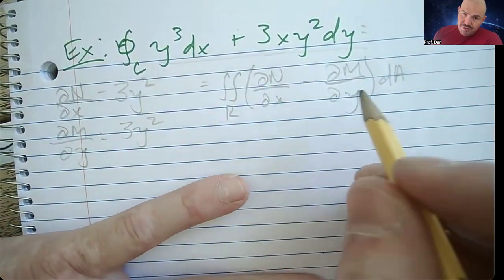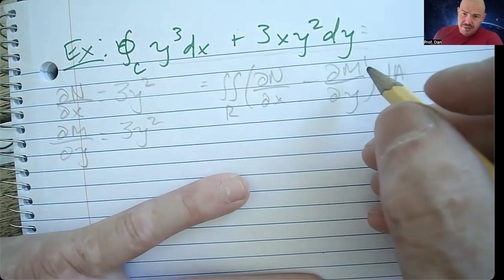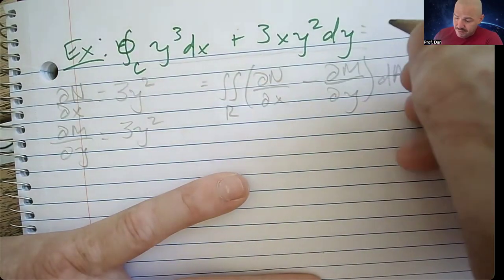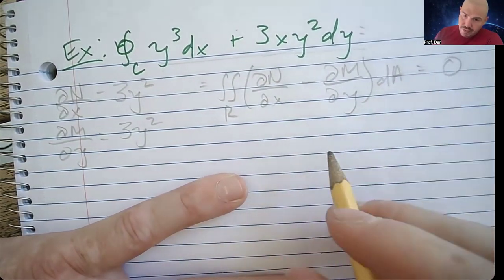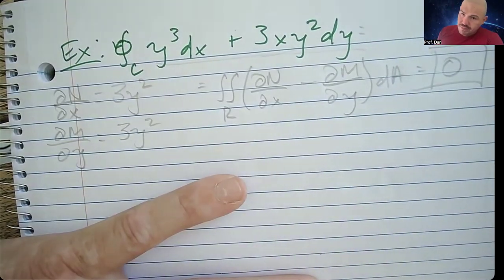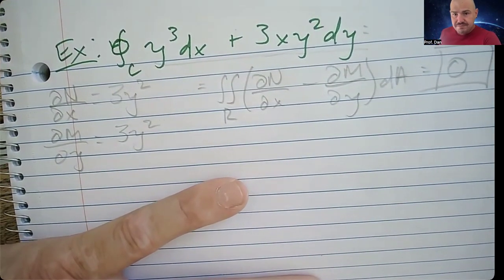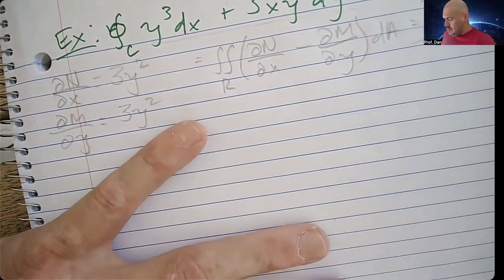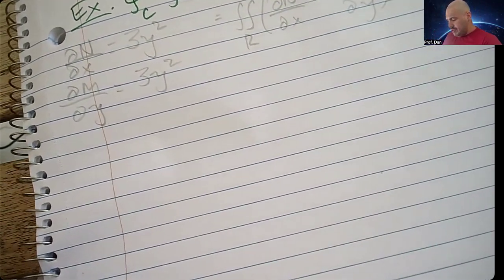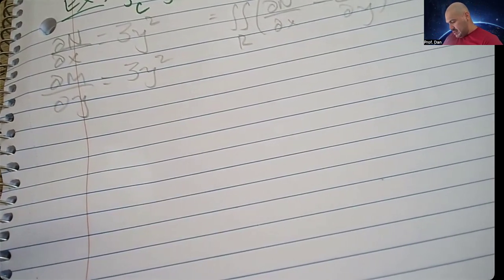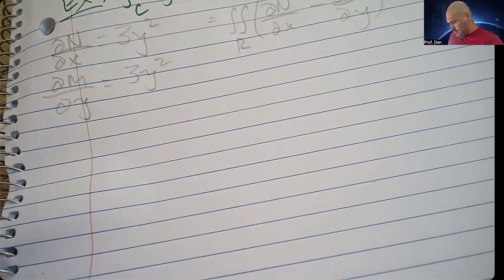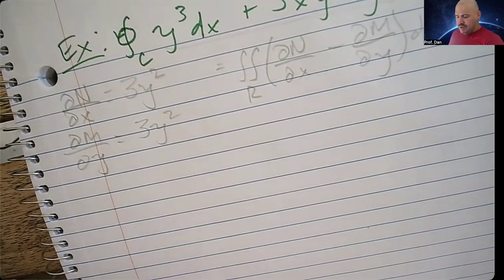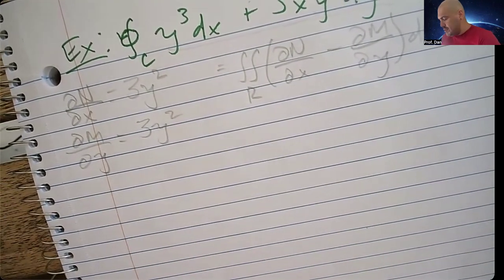Since these two partial derivatives are the same thing, when I subtract them, I'm going to get 0 for every xy pair that I can think of. So we get 0. That's it. All right. So again, another really nice, convenient thing that we see with conservative vector fields.